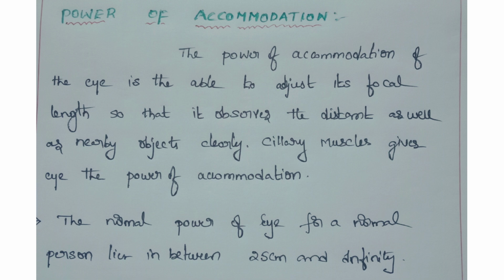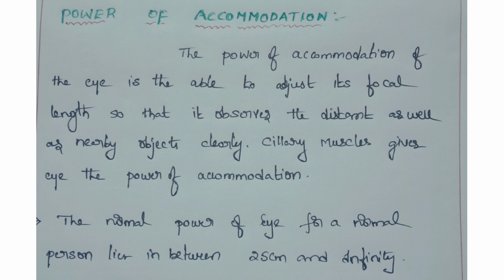The normal range of the eye for a normal person lies between 25 centimeters and infinity. The minimum is 25 centimeters and the maximum is infinity, so a normal person is able to see all objects between 25 centimeters and infinity.